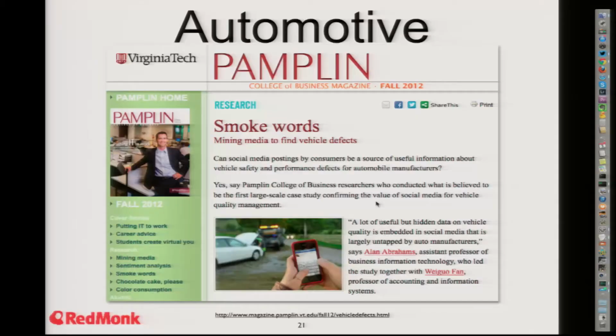Automotive, the automotive industry are starting to use this. There was an application developed by the Pamplin College at Virginia Tech where they started mining social media for mentions of particular, what they call smoke terms. These were terms which are important for the automobile industry, and so they can identify quickly when faults come up in cars.